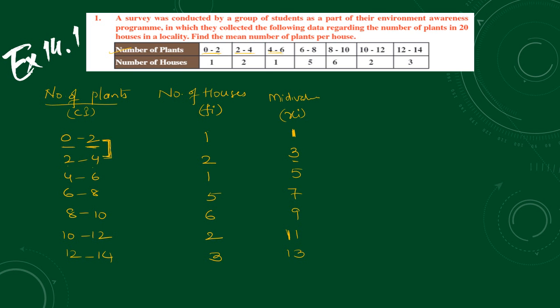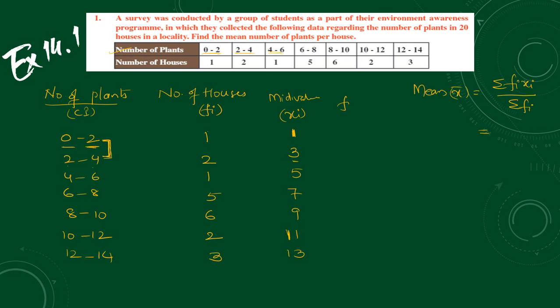Since the values 0, 2, 4, 6, 8 are small enough, we can go by the direct method. The main formula: x bar is given by summation of Fi Xi divided by summation of Fi. How many columns are required? 4 columns.